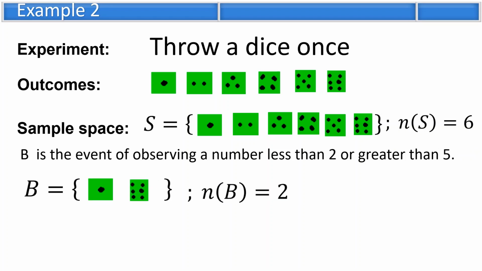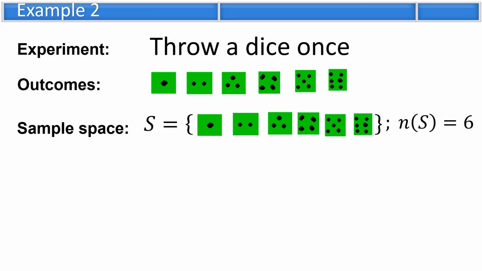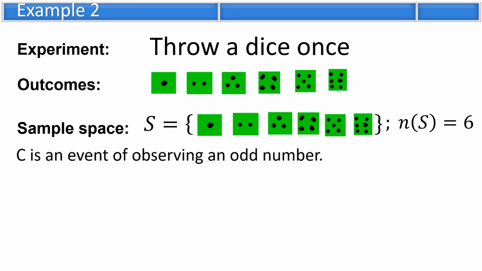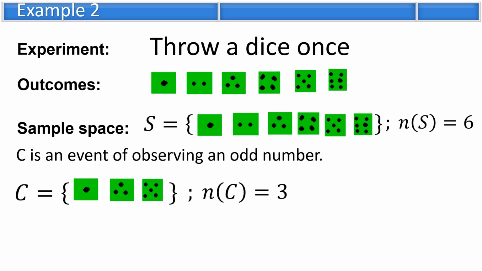N of S is 6. Probability of observing a number less than 2 or greater than 5, P of B, is 2 over 6. Next. C is an event of observing an odd number. N of C is equal to 3. N of S is 6. Probability of observing an odd number, P of C, is 3 over 6.